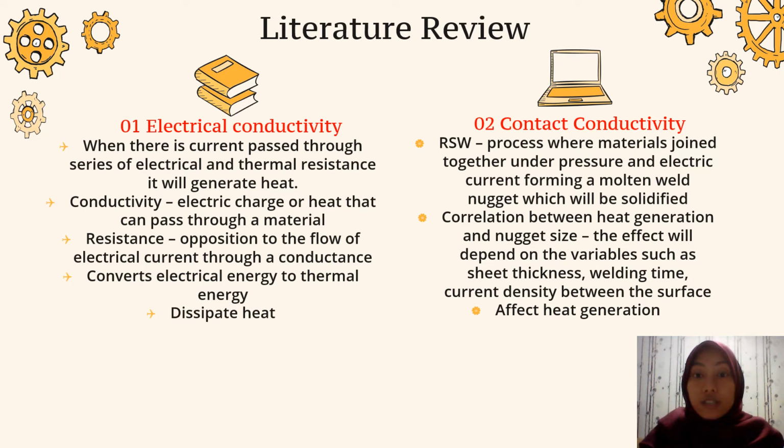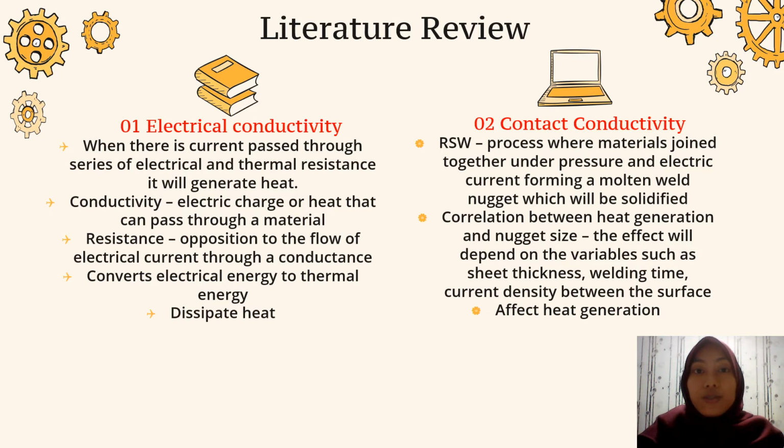It is the ability of electric charge or heat to pass through a material, whereas resistance is the opposition to the flow of current in an electric circuit. When electrical energy is converted to thermal energy, it will dissipate heat. So the heat is very important in resistance spot welding.